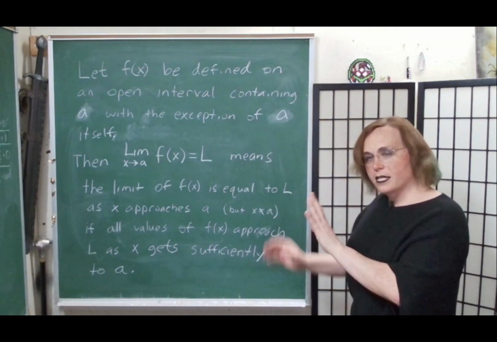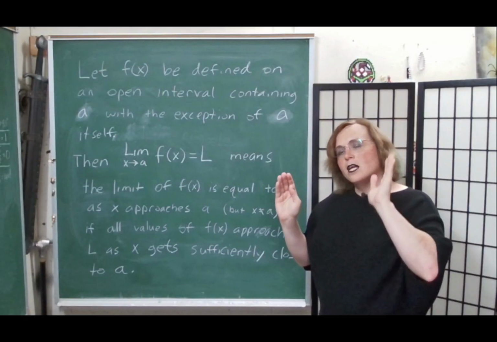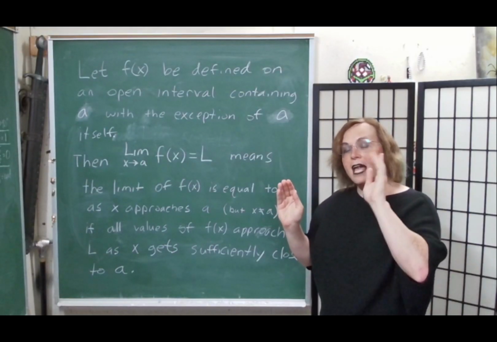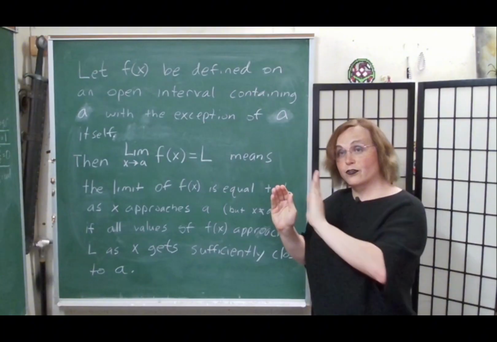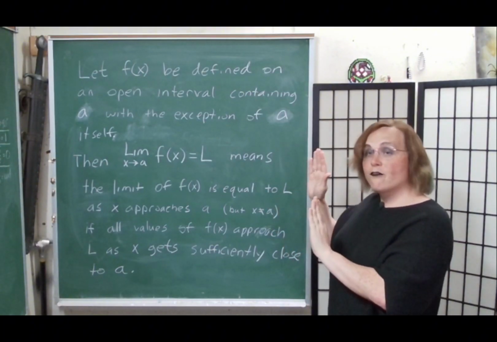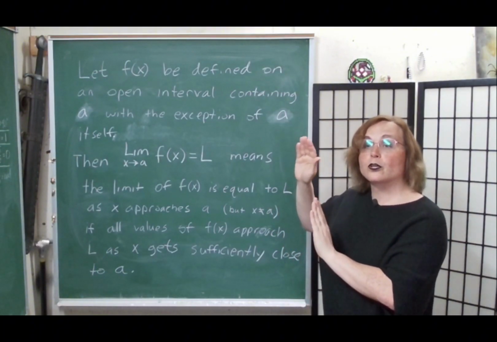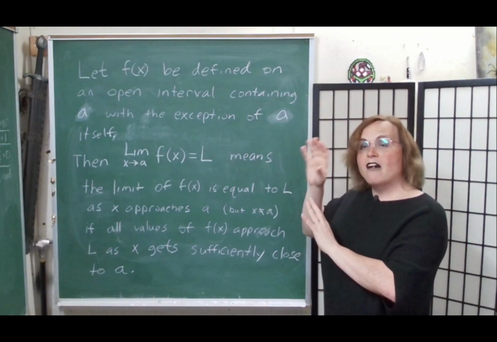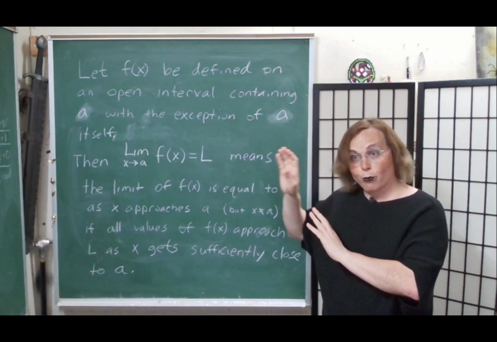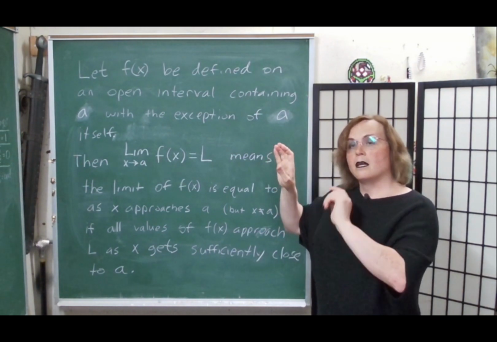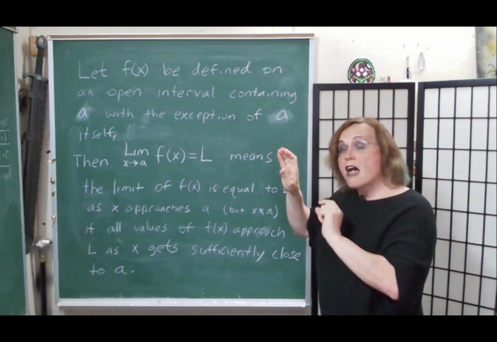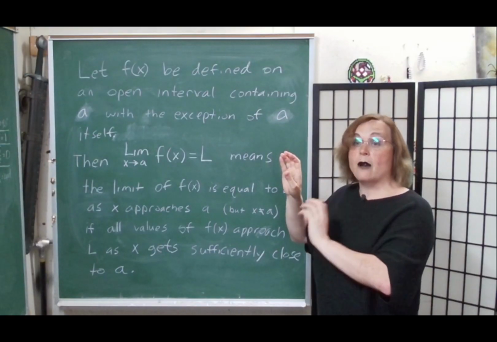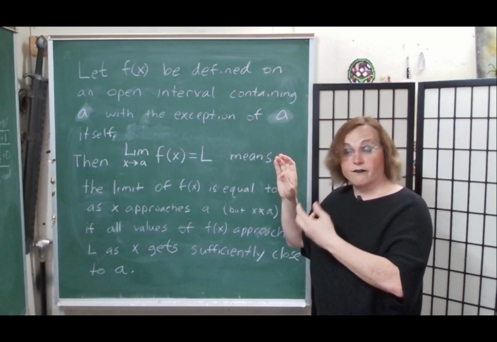Basically, what this means is, as we continued to get x closer and closer and closer to 5, f of x continued to get closer and closer and closer to 49. And so that value that f of x was approaching, x was never going to equal 5 because that would make our function undefined.